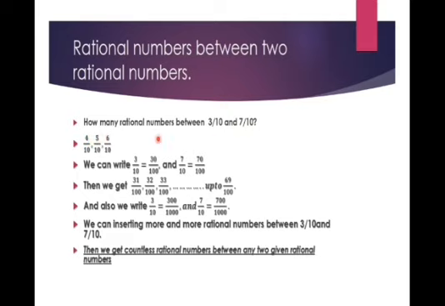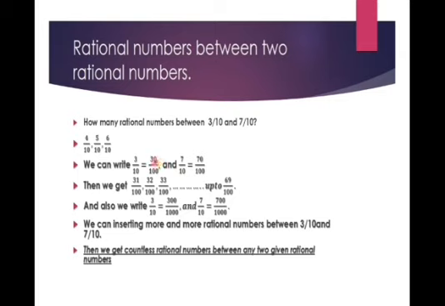Are there only three rational numbers between 3/10 and 7/10? No, because we can write 3/10 as 30/100. If we cancel the last zeros, it's the same as 3/10. 3/10 is equal to 30/100, and also 7/10 is equal to 70/100, because if we cancel the last zero, it is equal to 7/10.